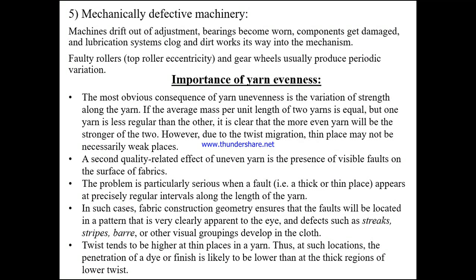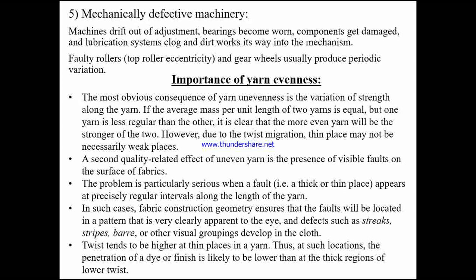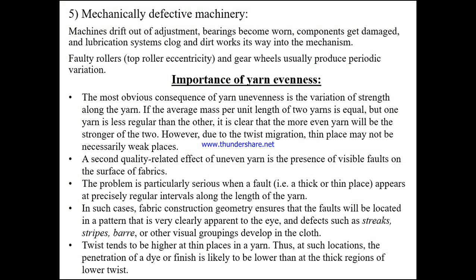So due to the faulty operation of the machine parts, faulty or irregular textile material such as sliver, roving or yarn is produced. Faulty roller or top roller eccentricity is one of the serious faults that sometimes or seldom occurs in textile machineries. Eccentricity of the top roller and gear wheel gradually produces periodic variations.